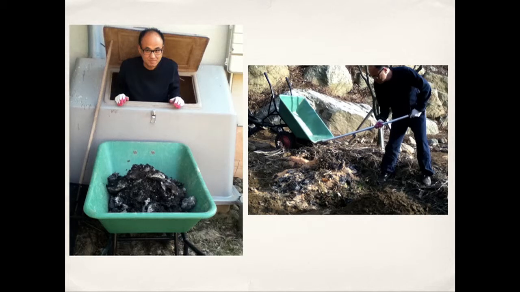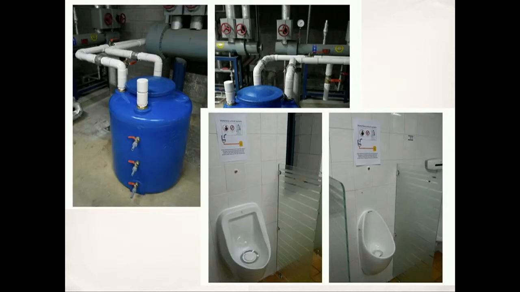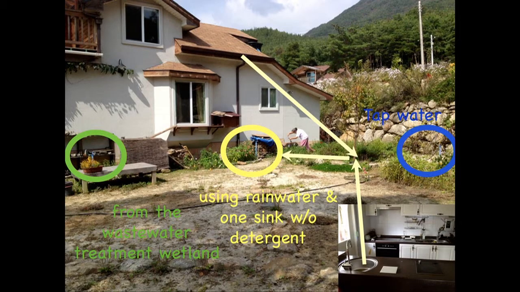Every month we can collect this and move it to the vegetable garden. We are also separating urine, using these types of water to be diluted with rainwater. We also recover the water from the wastewater treatment wetland, and also from the kitchen sink.